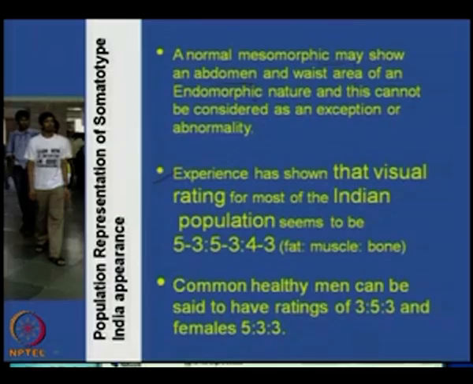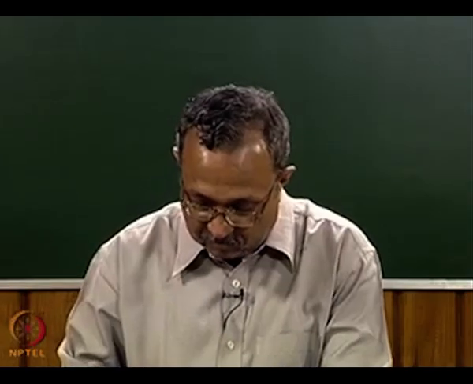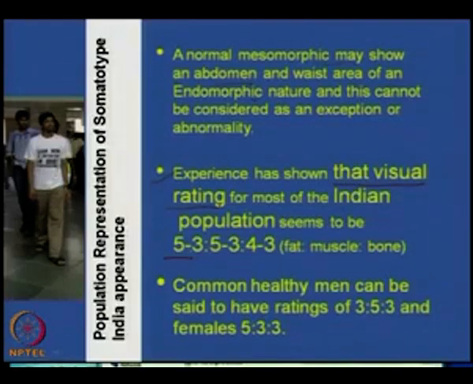Experience has shown that visual rating for most of the Indian population seems to be fat with that 7-degree scale described by Sheldon, 5 to 3, muscle 5 to 3, and bone 4 to 3. It is just a visual rating.